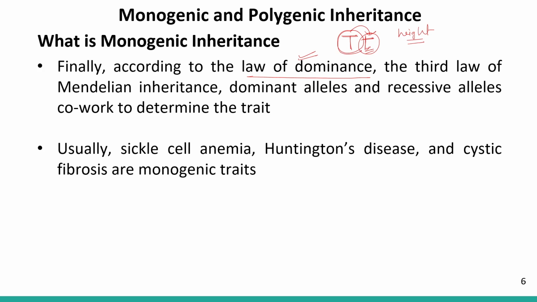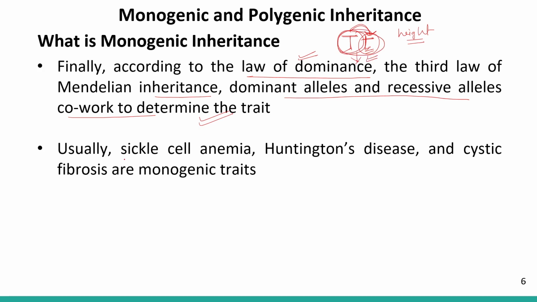The capital T masks the activity of the small t. So we can say capital T is the dominant allele. The third law of Mendelian inheritance: dominant and recessive alleles work together to determine one particular trait.